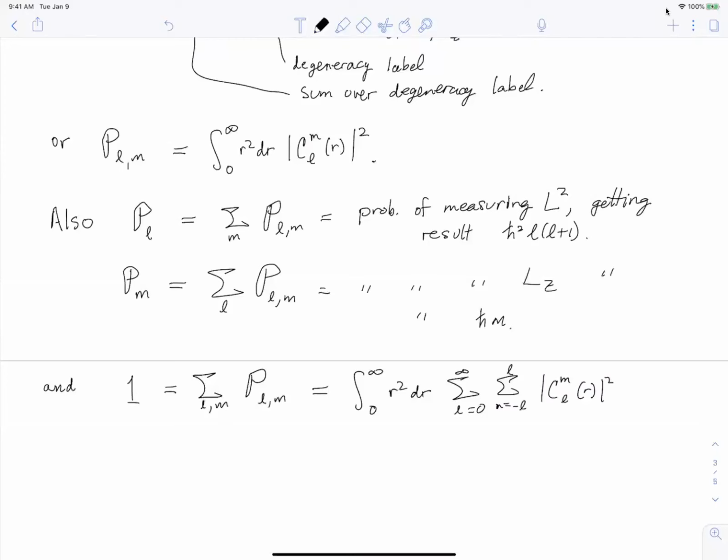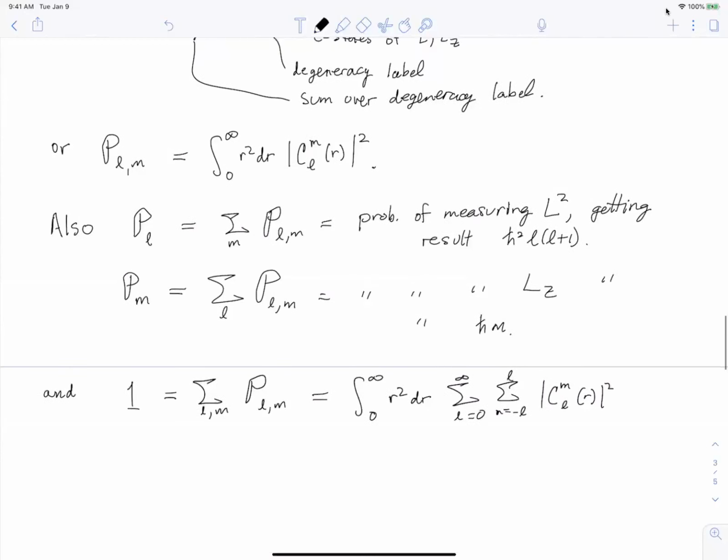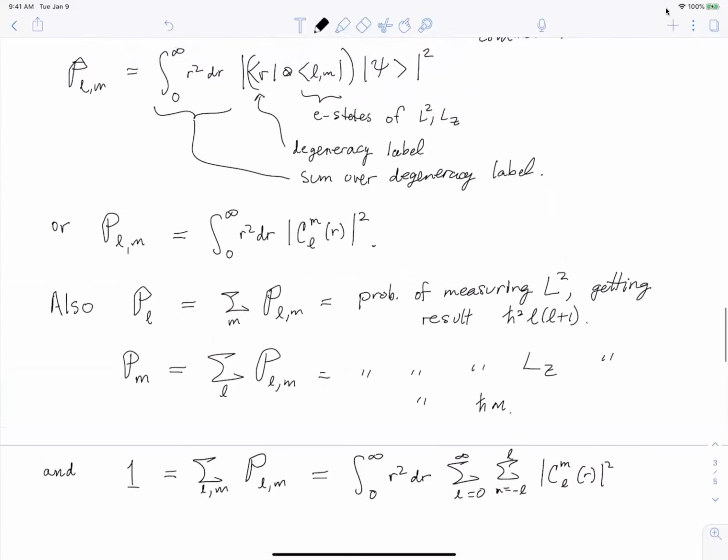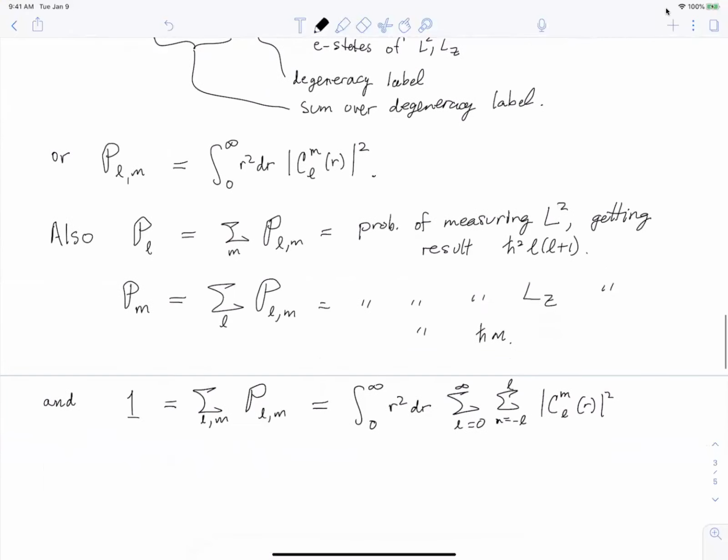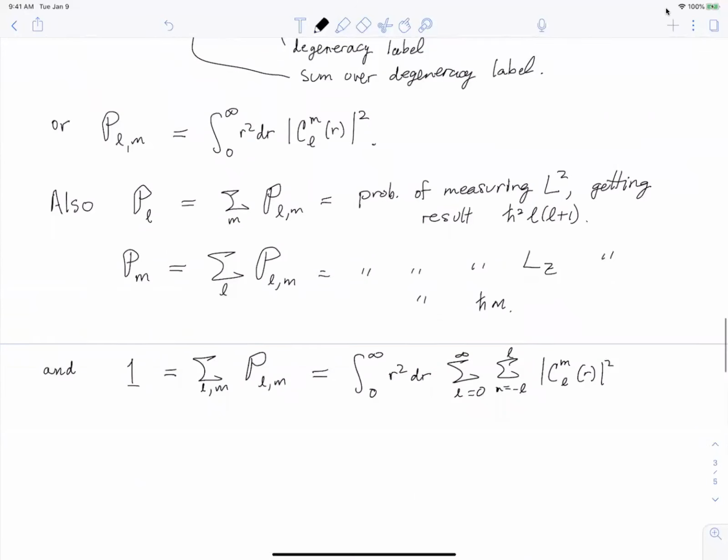And so that's just expressing the fact that if I sum over all the possible probabilities that I could have gotten for any results of the measurement, I have to get 1. But it's also the normalization condition for these coefficients. All right, questions on that so far?